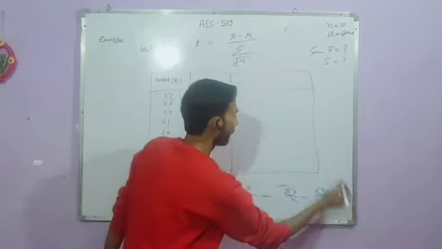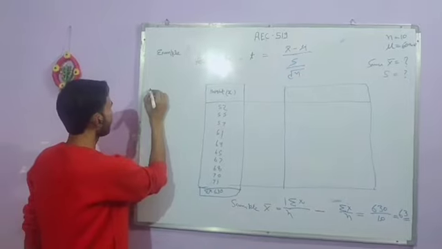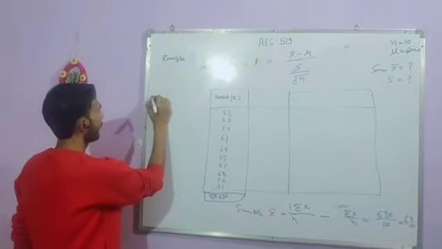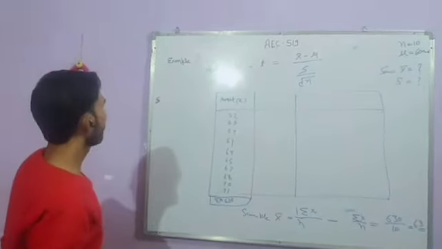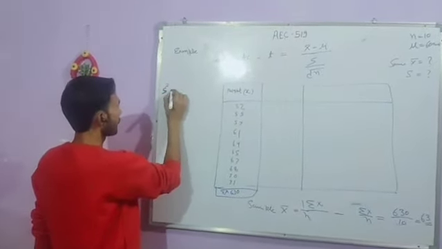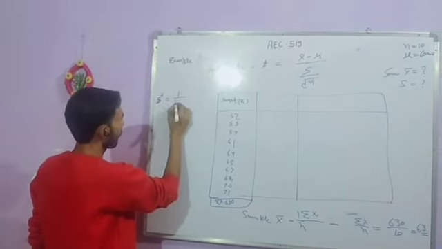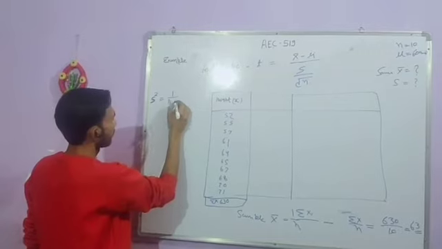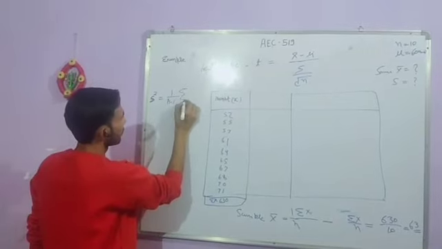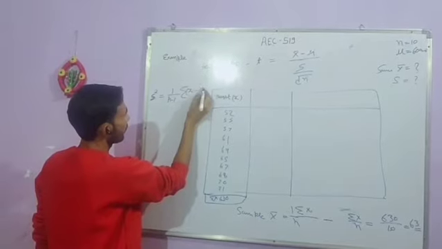Okay, now we find s square. S means standard deviation, and the square of the standard deviation is known as variance. So we find variance first. Formula of variance: 1 upon n minus 1, summation xi minus x bar whole square.